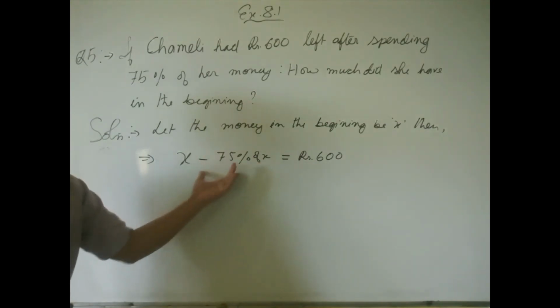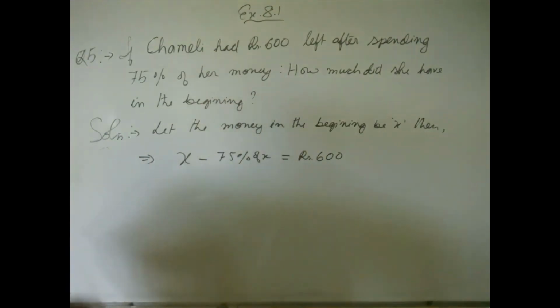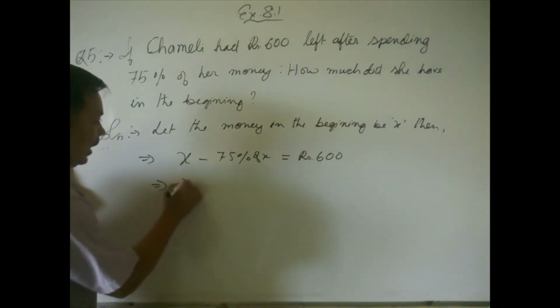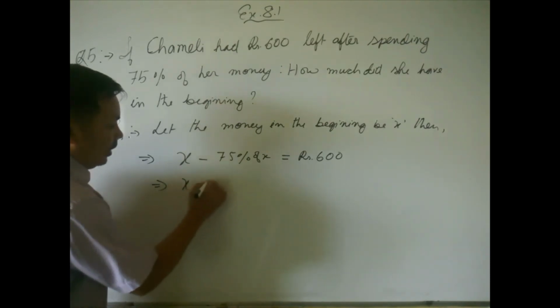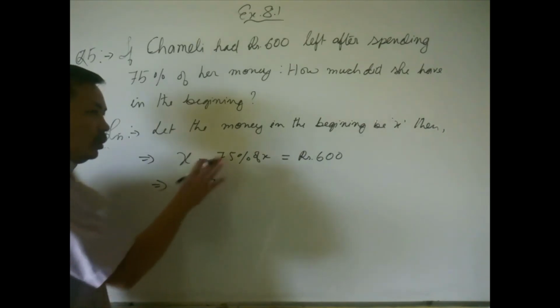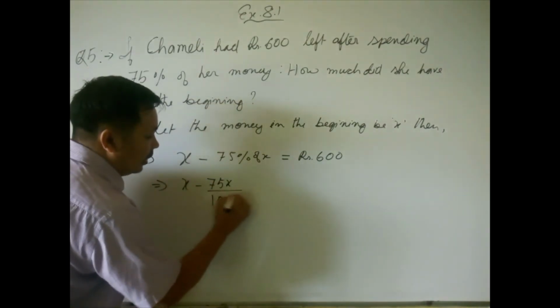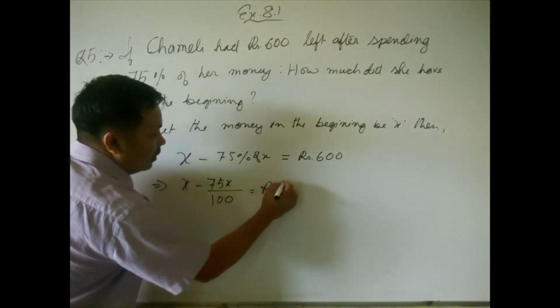Minus, how much spent? 75% of x, isn't it? Then left only 600. So now next what we can do is that x minus 75% of x means 75 by 100 into x. That means x minus 75x by 100 is equal to rupees 600.